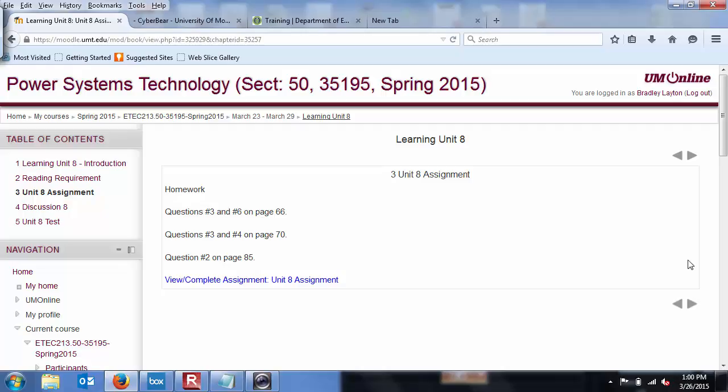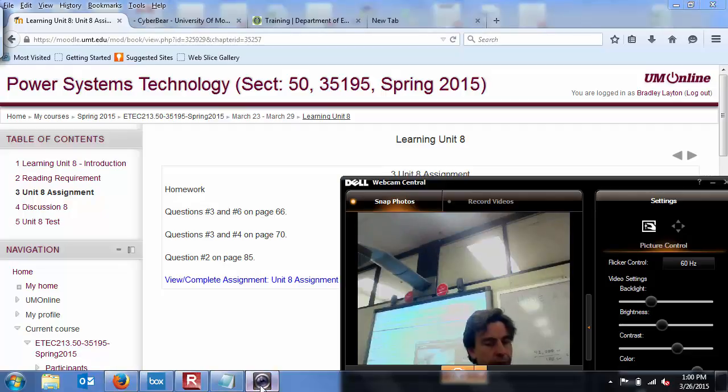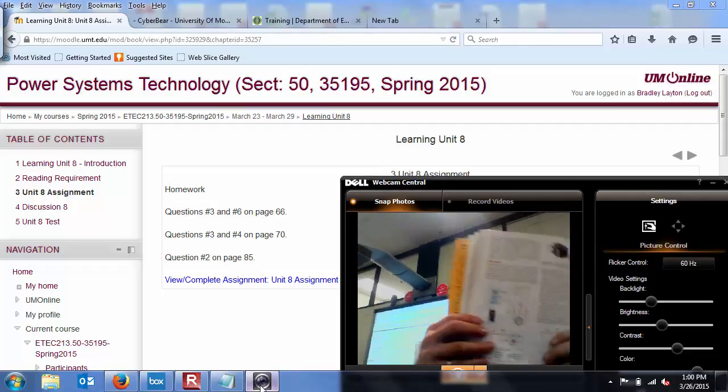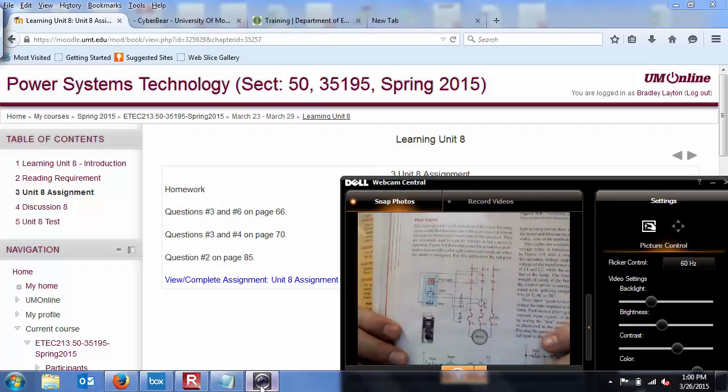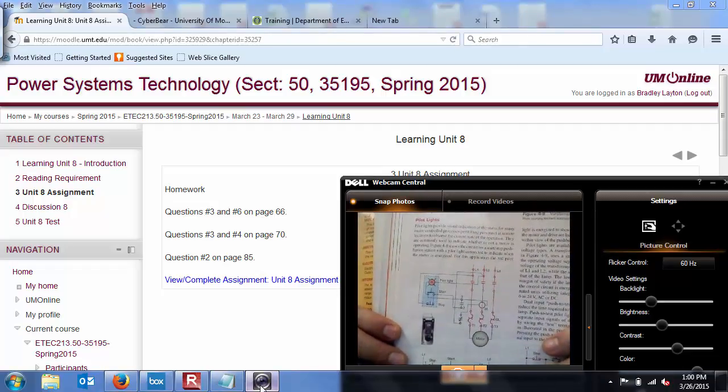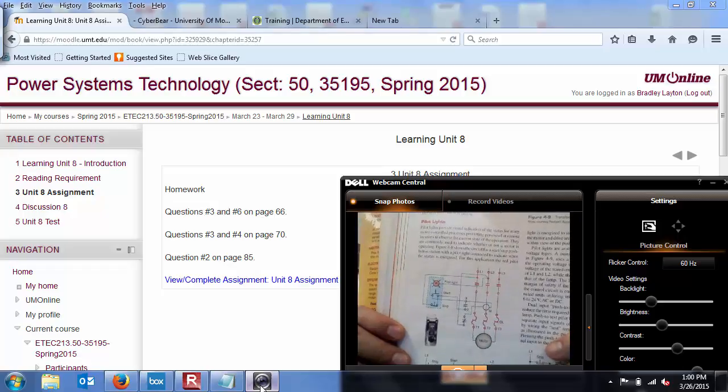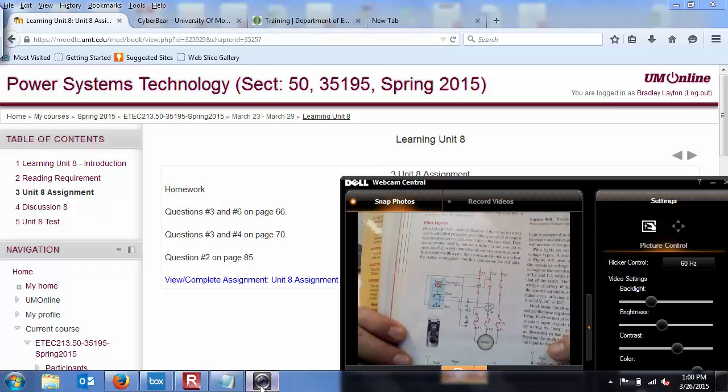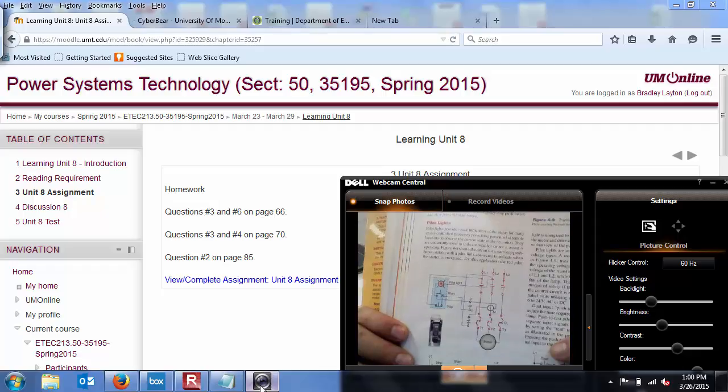And, yeah, so I'm just going to hold this little guy up. And here's a really good example, right in the book. I'm just looking at figure 4.8. A really good example of that is the pilot light on your water tank.